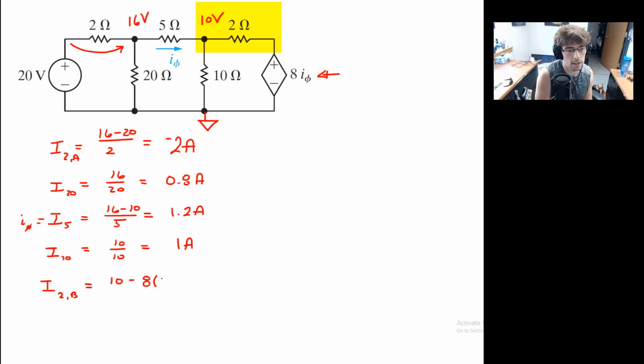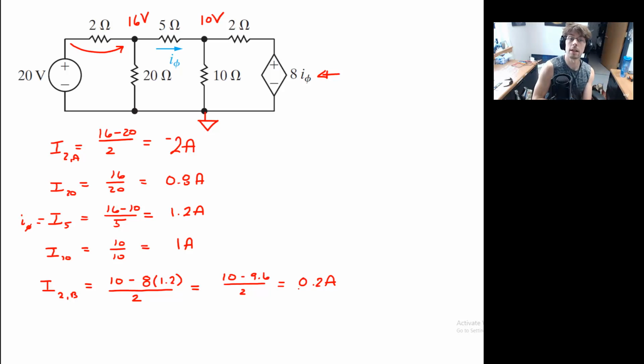So we have 8 times 1.2, all divided by 2. Okay. So let's see, this would be equal to 10 minus 9.6 all divided by 2. So at the end of the day, we get something like 0.2 amps.